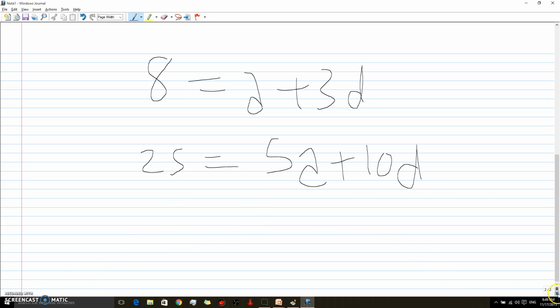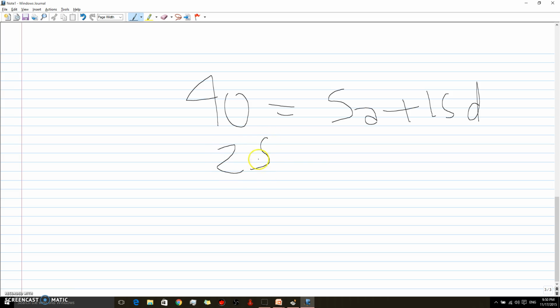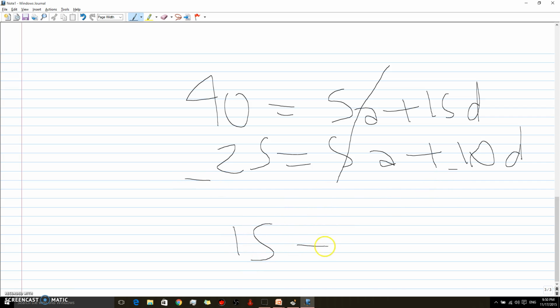If you convert these into the form of a simultaneous equation, you would get 40 is equal to 5a plus 15d, and 25 is equal to 5a plus 10d. You cross these two out because they cancel each other, and you subtract here and you subtract here, so you get 15 is equal to 5d, and d is equal to 3.